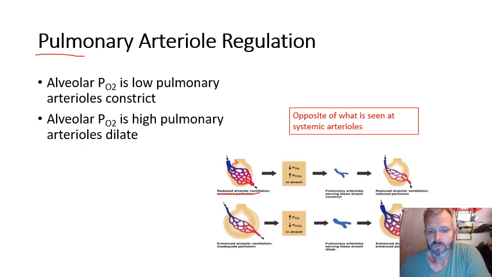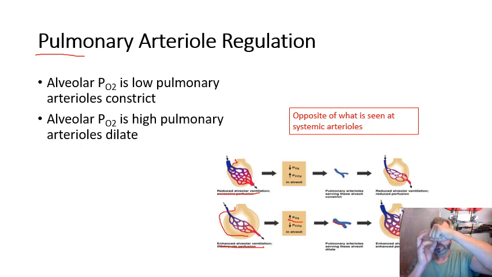But where we have enhanced alveolar ventilation, nice big round alveoli, well ventilated, high O2, what are we going to do? We're going to dilate the arterioles to perfuse around there so we can pick up the O2. So wherever the O2 is high, we match it with perfusion so we can pick up that oxygen. That's one way we're matching.